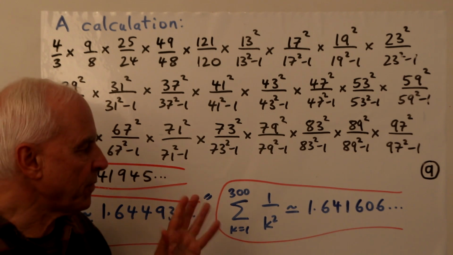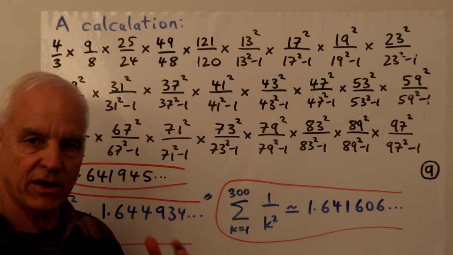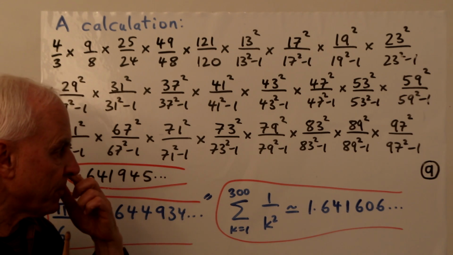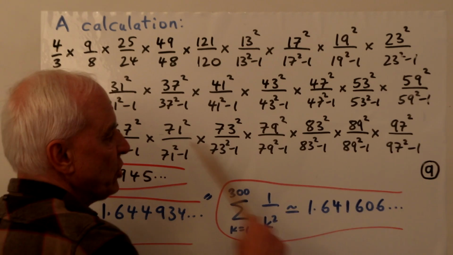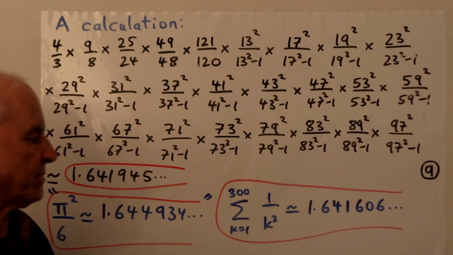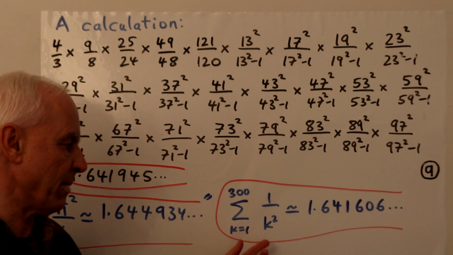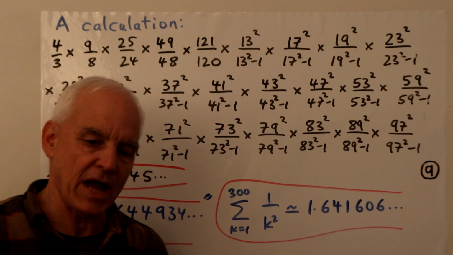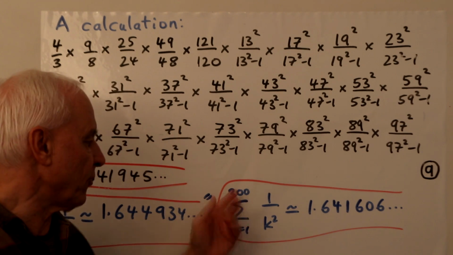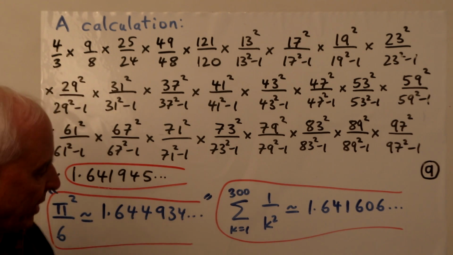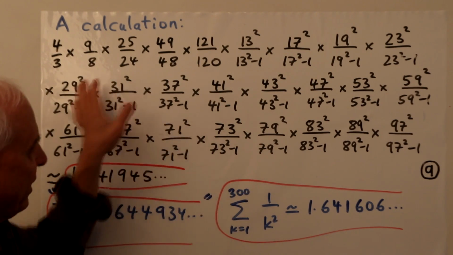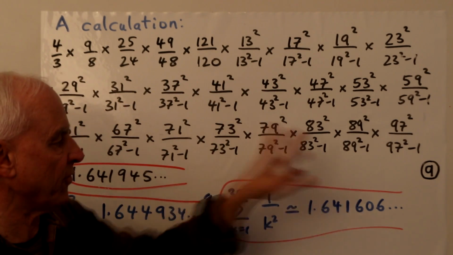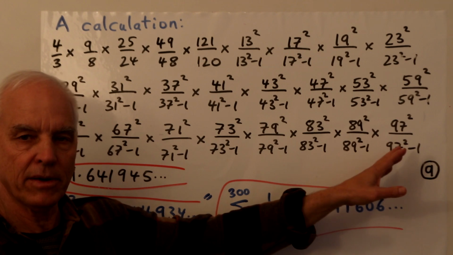So you see, there's two different ways of calculating something, right? This calculation here is, in some sense, calculating the sum of the squared reciprocals of the natural numbers from k equals 1 to 300. Or reciprocally, this thing here is calculating this product over primes of these things here.